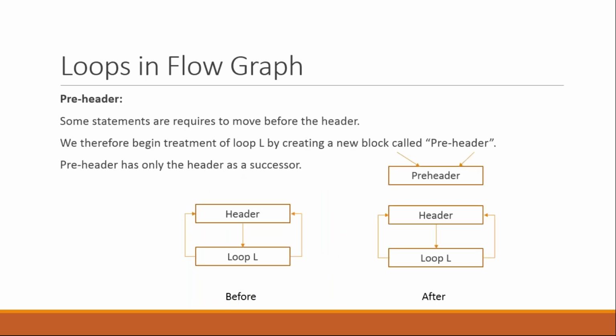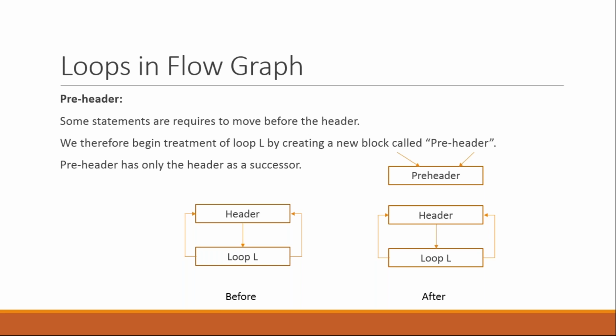Now, what is the pre-header? If we want to remove some sentences from my loop and add those sentences outside of my loop, then that is known as the pre-header for my given loop. Why is it known as the pre-header?